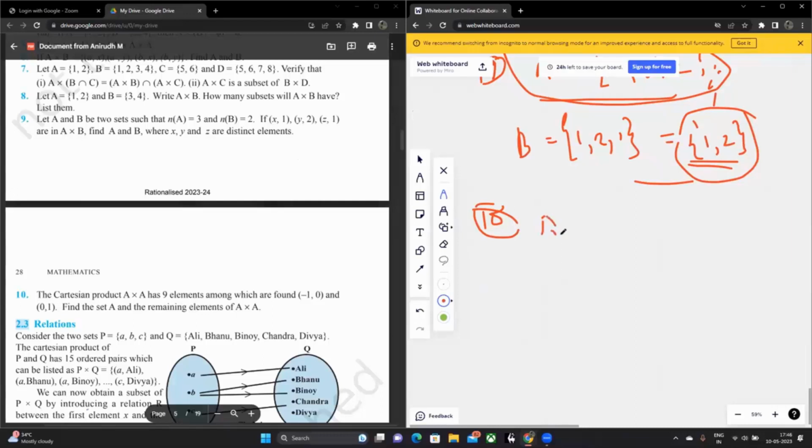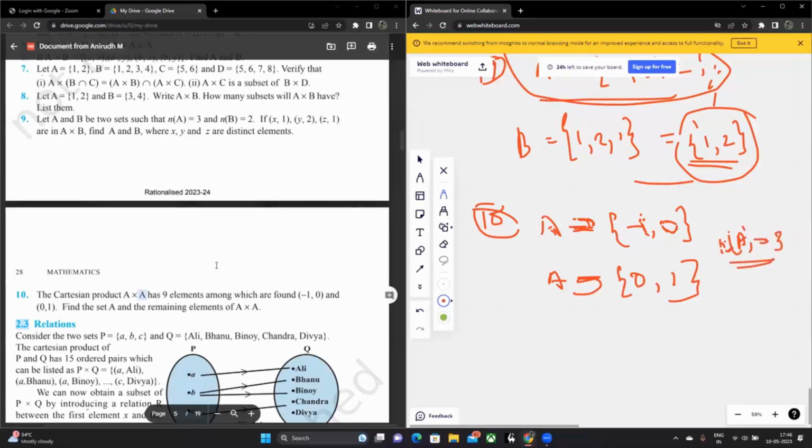The set A contains the elements -1, 0, and it also contains the elements 0 and 1. A cross A has 9 elements, which means that n(A) squared is 9, which means that n(A) equals 3.